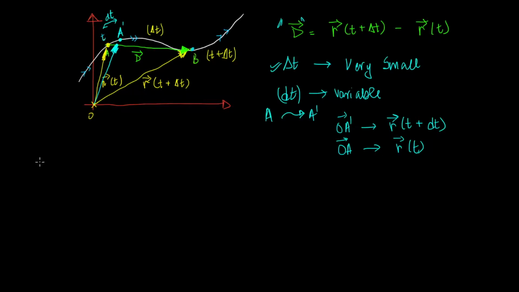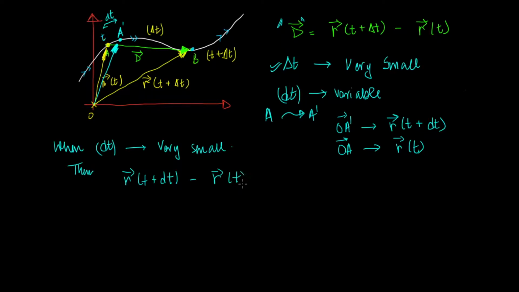Now, when dt is very small, then if you notice, r of t plus dt minus r of t gives us a new displacement vector. I'm going to draw that in red now, which is this.